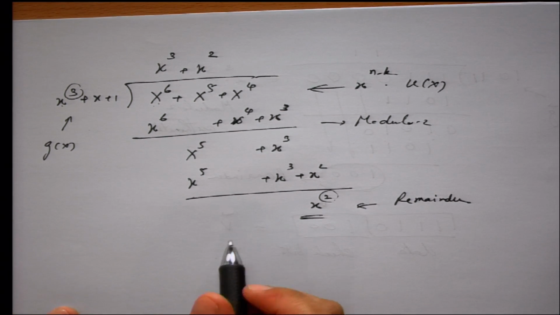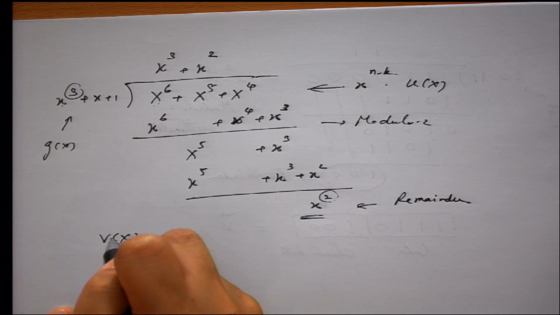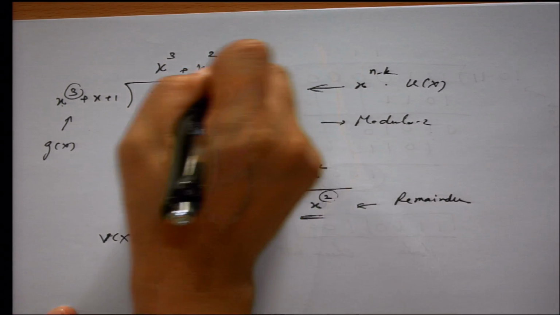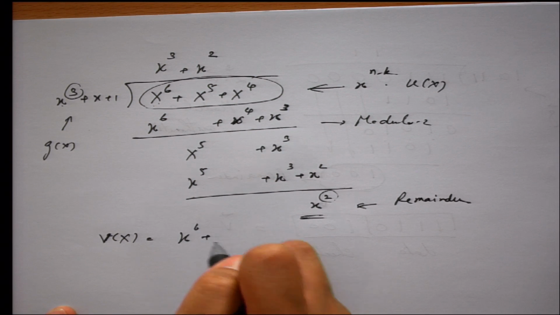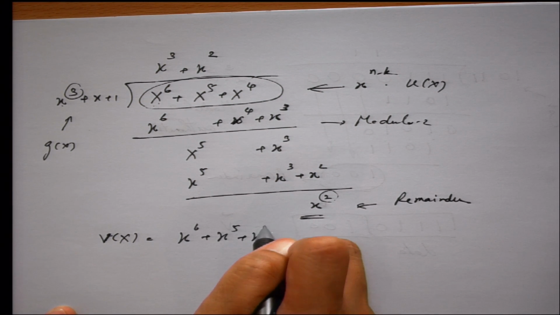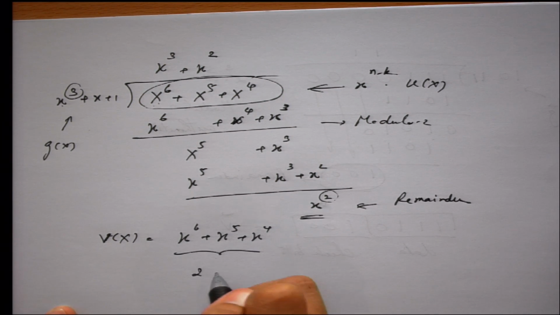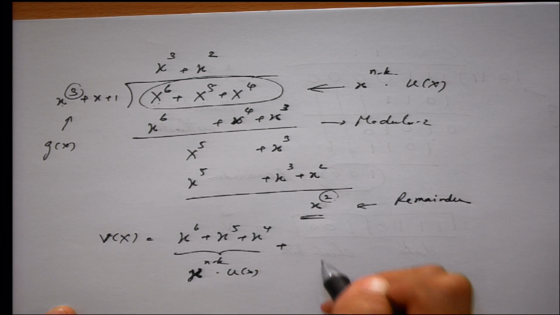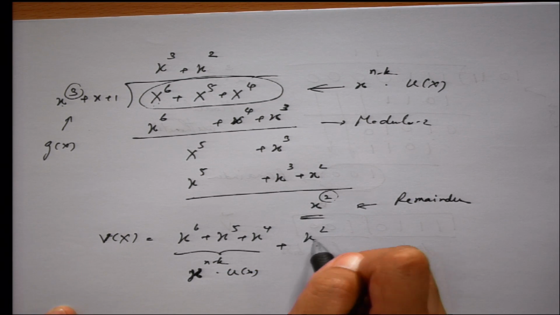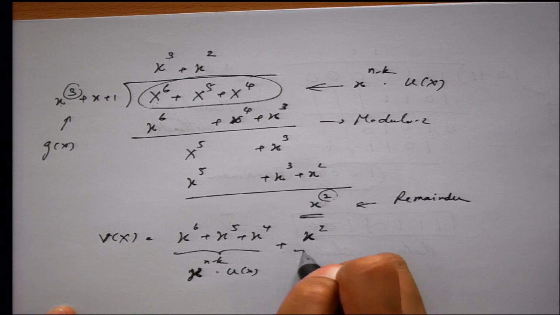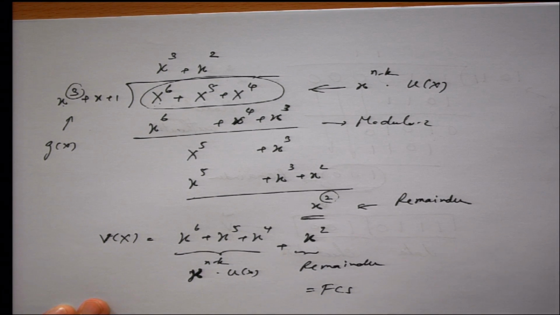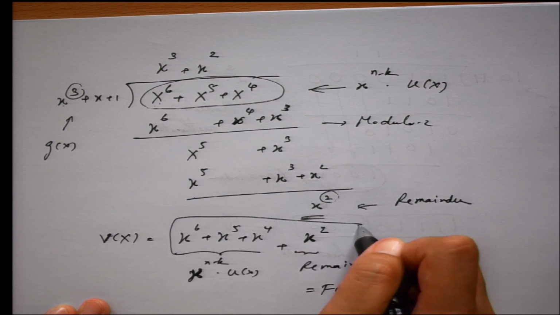So V of x is what? It is the data here that is shifted already, plus the remainder, the FCS. This is the code word.